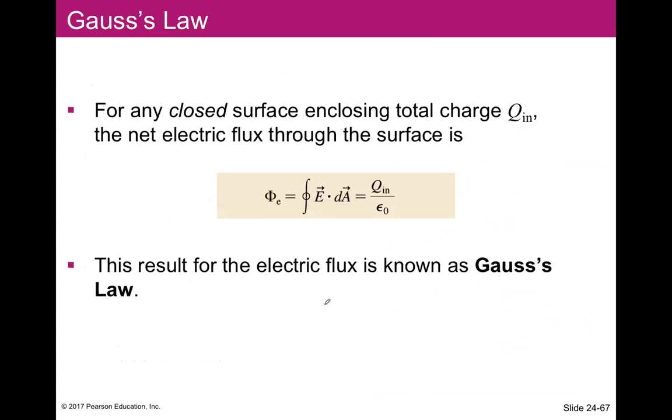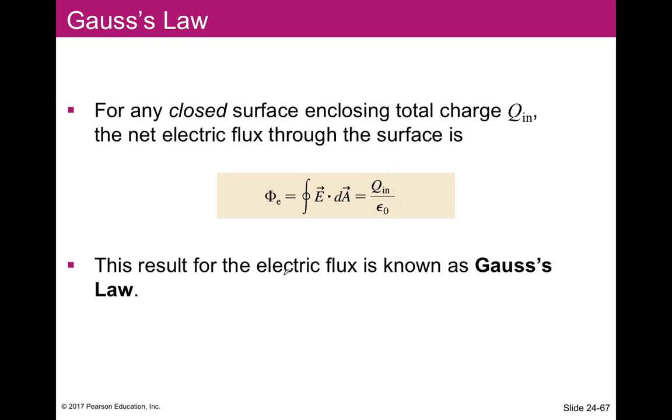So let's introduce Gauss law officially. For any closed surface enclosing total charge Q in, the net electric flux through the surface is calculated by the surface integral, and then it equals the net charge inside the surface over epsilon.